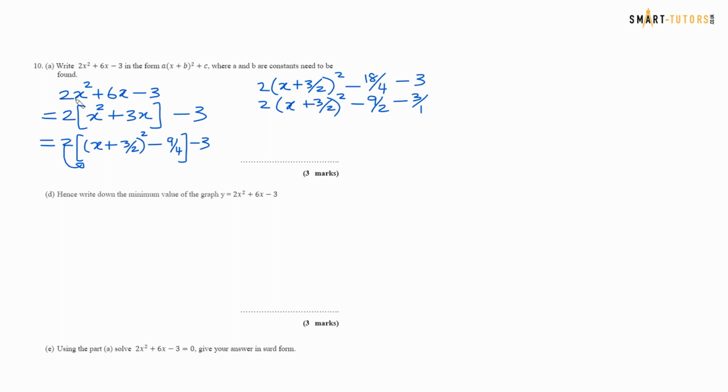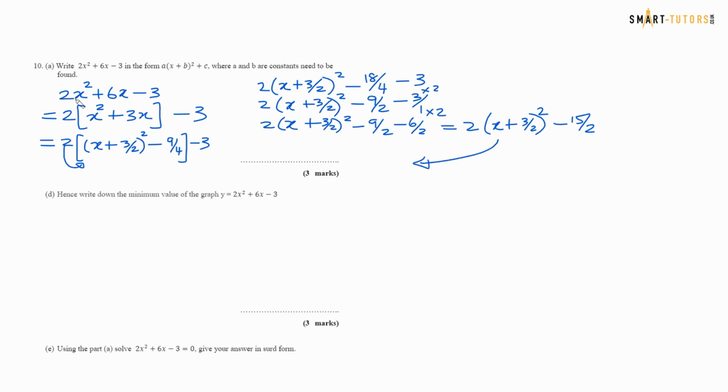So to keep the denominator the same, I'm going to multiply by 2 and 2. So the answer will be 2(x plus 3 over 2)² minus 9 over 2 minus 6 over 2. So this can be written as 2(x plus 3 over 2)² minus 15 over 2. So that is the answer for part A.